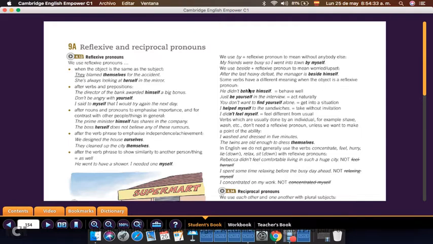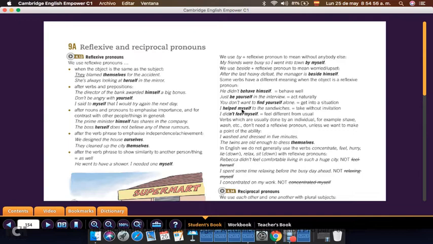Some verbs have a different meaning when the object is a reflexive pronoun. For example, he didn't behave himself. He didn't behave well. Just be yourself in the interview, like act naturally. You don't want to find yourself alone, like get into a situation. I helped myself to the sandwiches. Take without invitation.